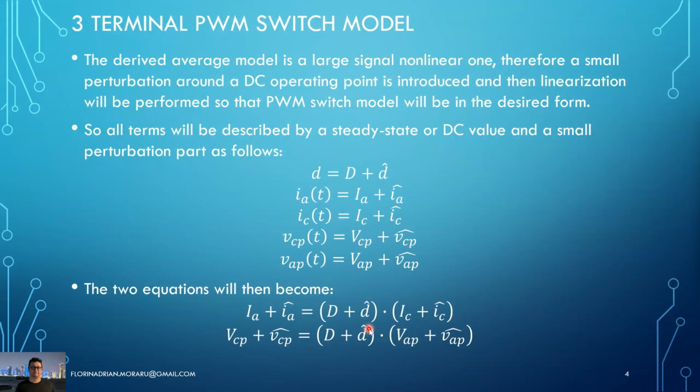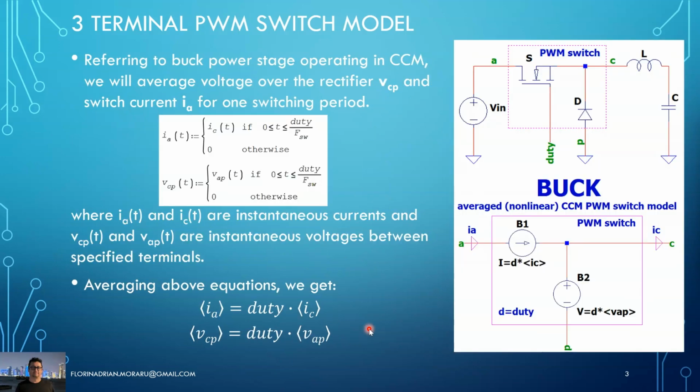Then we can create an average large signal model for our switching network, in a way that we can express it by a dependent current source, which is the first equation, and by a dependent voltage source, which is the second equation.